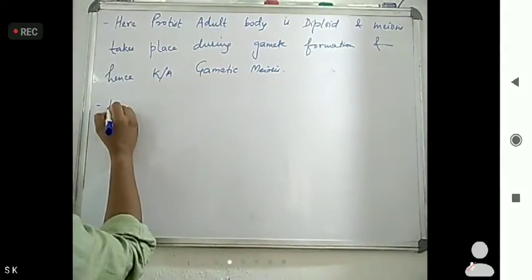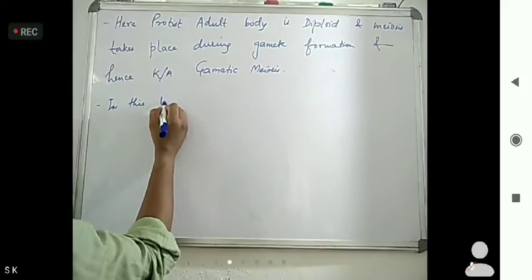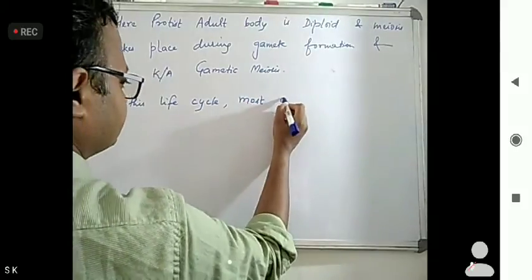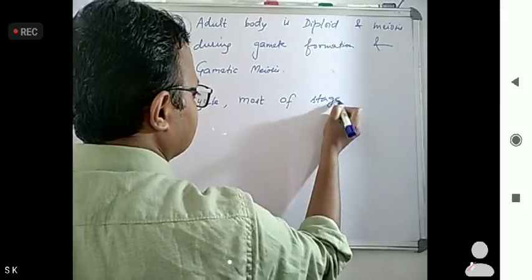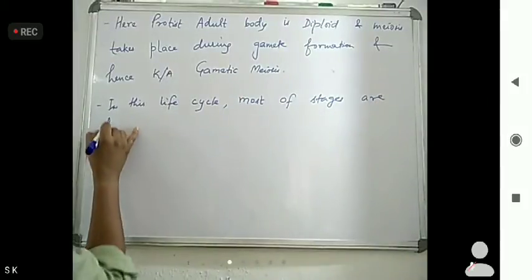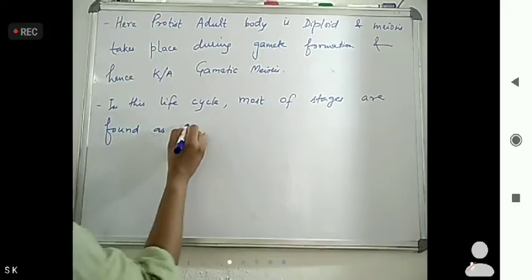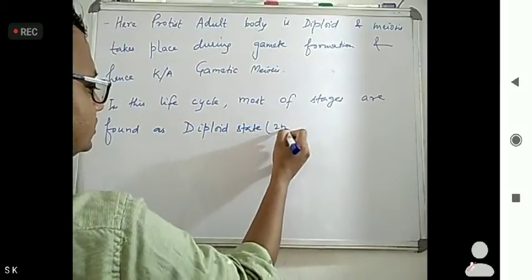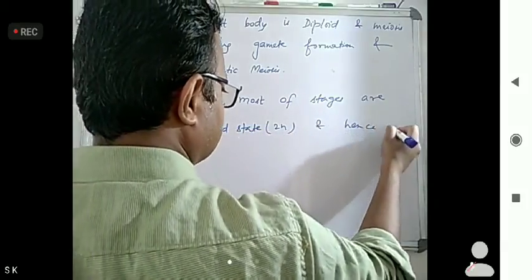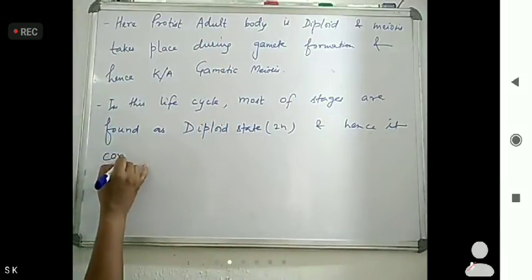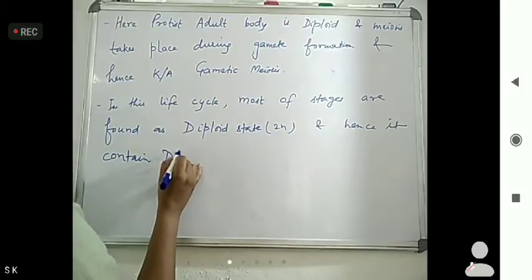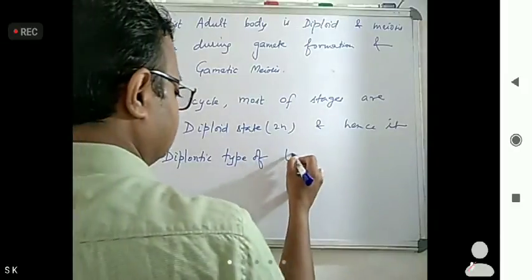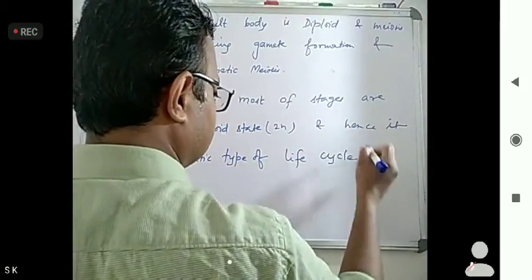Okay, in this life cycle, most of the stages are found in diploid state, and hence it contains a diplontic type of life cycle.